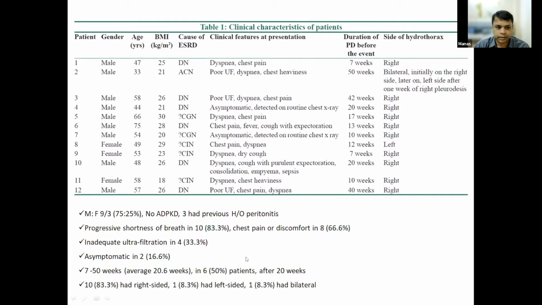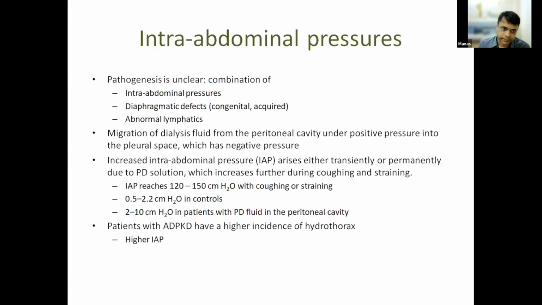So in the Indian population, there may be some variation, but as it is a small case series, we cannot conclusively say that males are predominant here, or that we are getting more patients in the late period of their peritoneal dialysis.